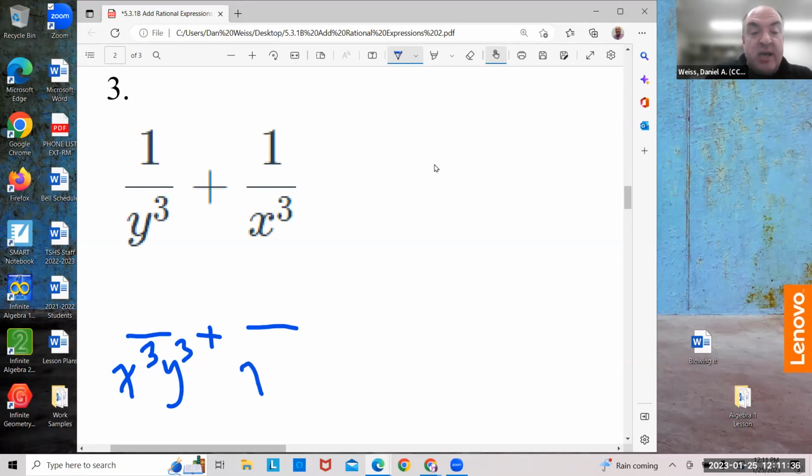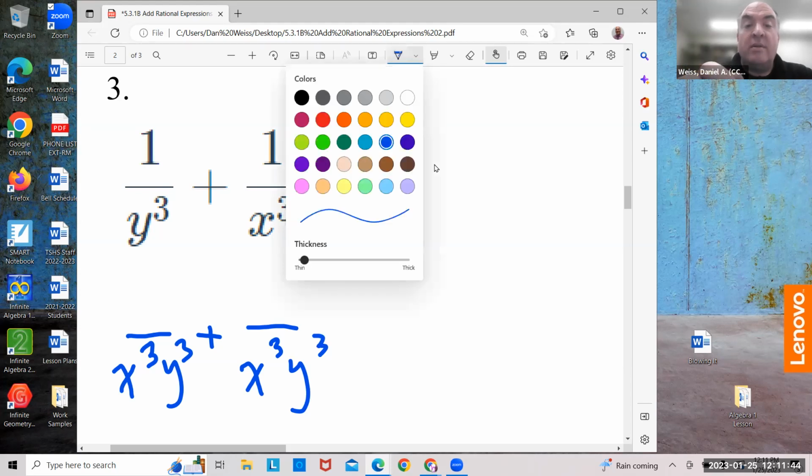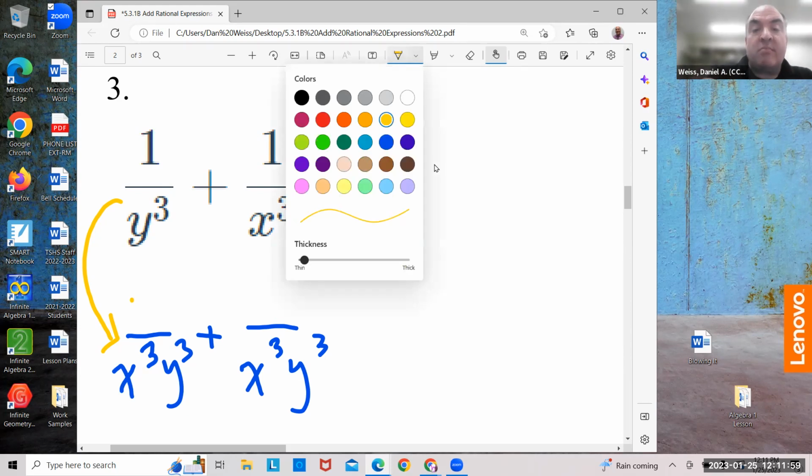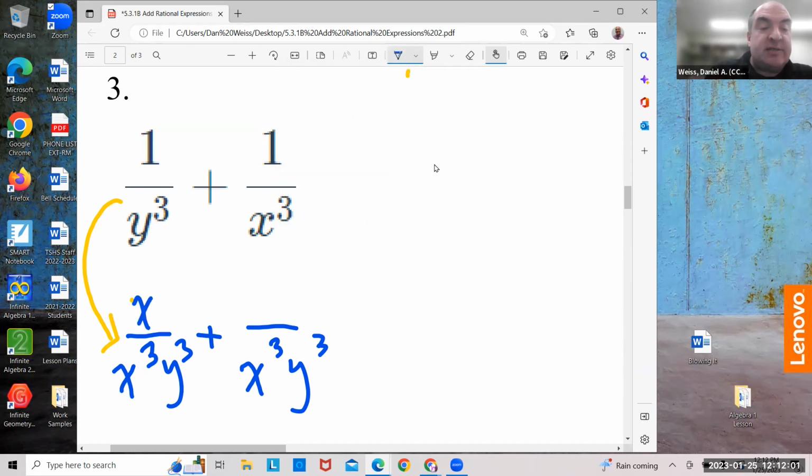This one gets multiplied by x to the third. So what's 1 times x to the third? 1 times x to the third. I'm just going to write x to the third.